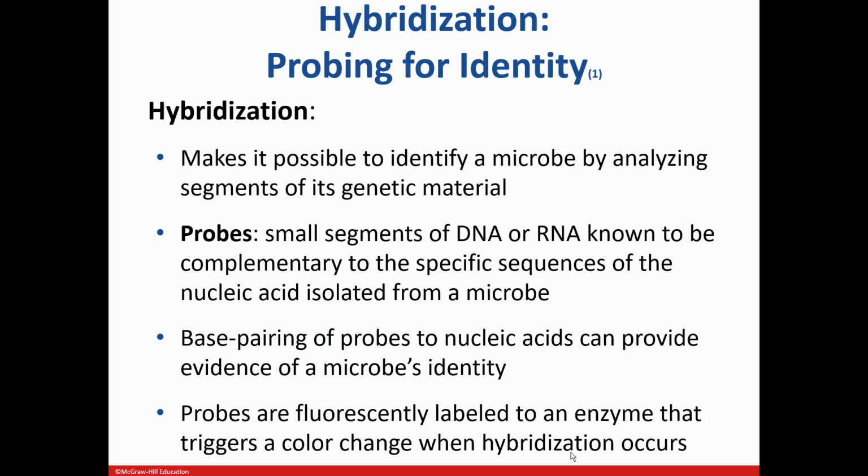If the hybridization is taking place, it means there is complementation of the probe with the genetic material which has been isolated from the clinical sample, and that indicates that the patient from whom the clinical sample is taken is suffering from this specific microbe.